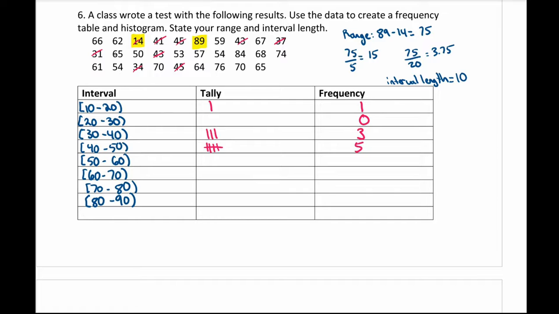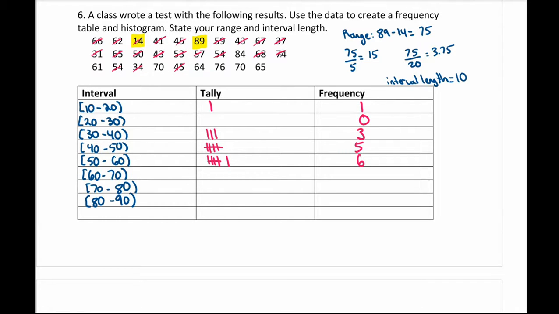50 to 60, so 1, 2, 3, 4, 5, 6. 60 to 70, 1, 2, 3, 4, 5, 6.